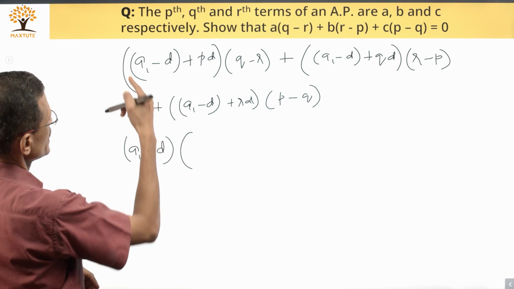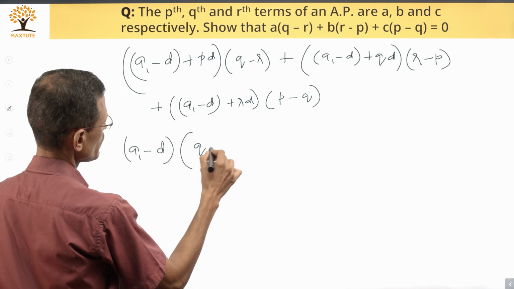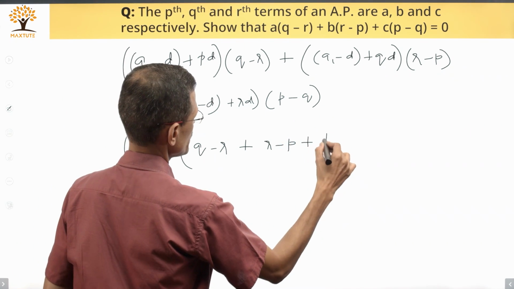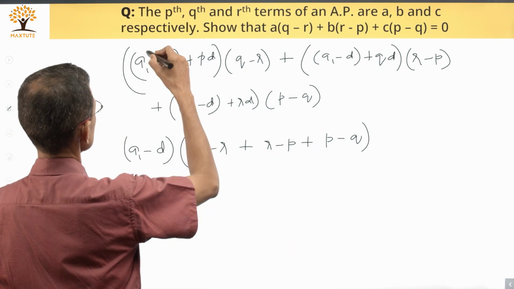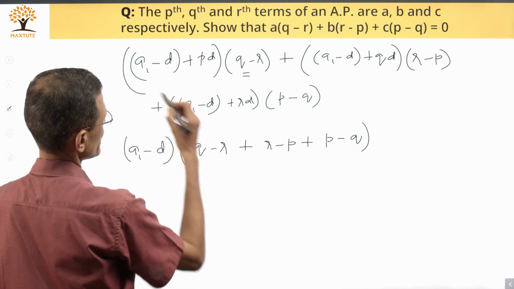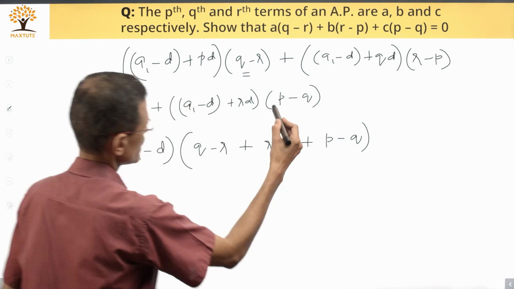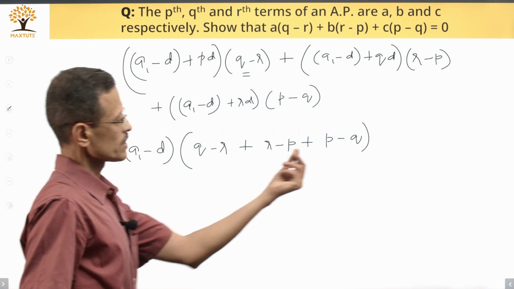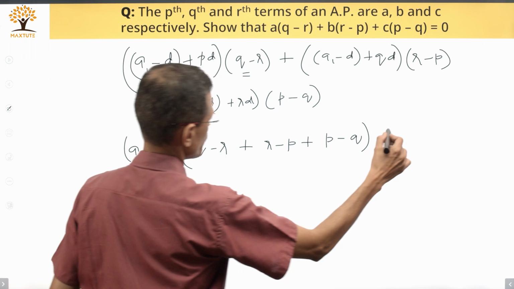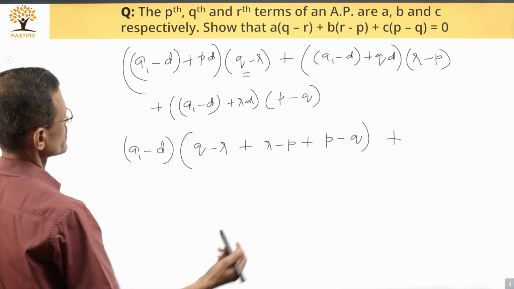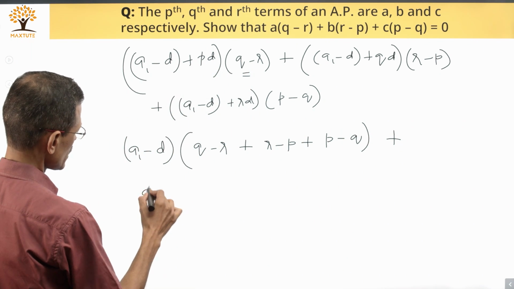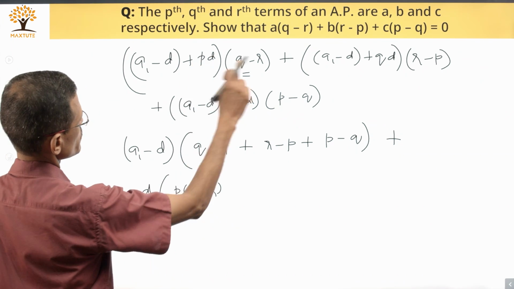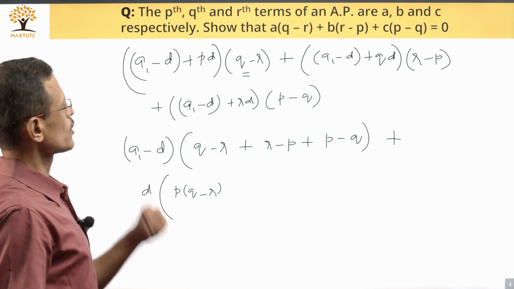So, that would essentially be (a1 minus d) into [(q minus r) plus (r minus p) plus (p minus q)]. Essentially I multiplied (q minus r) with (a1 minus d), (r minus p) with (a1 minus d) and (p minus q) with (a1 minus d), and taken (a1 minus d) as a common term. So, this is what we have as one part, plus we have to multiply with each of these other terms. I am going to take d as a term common outside, that will leave us with p into (q minus r), which is this part, pd into (q minus r), d taken common outside.